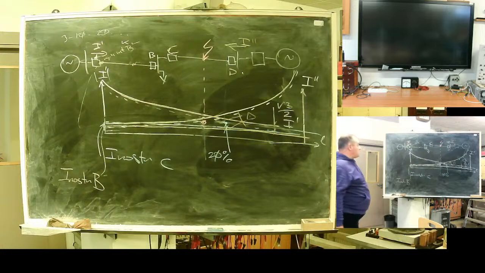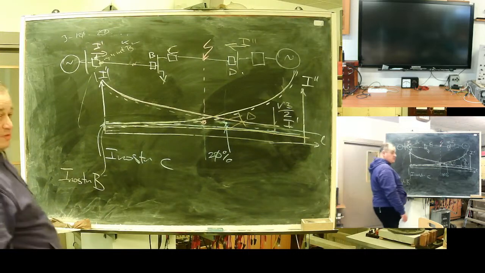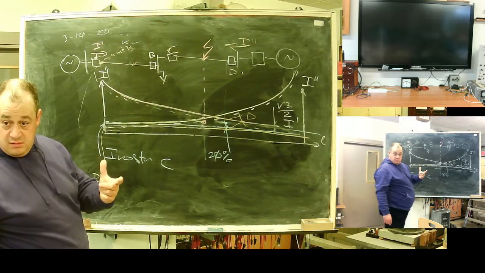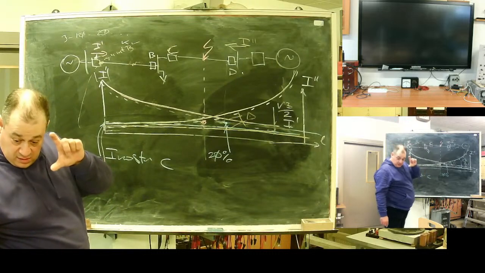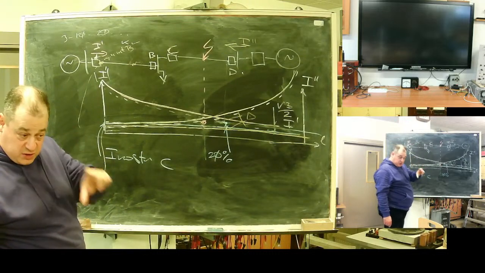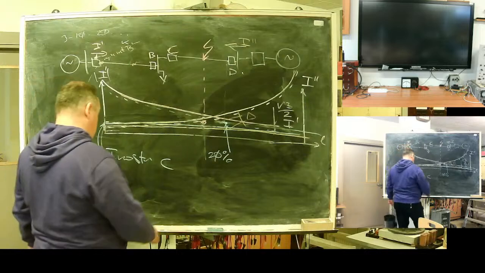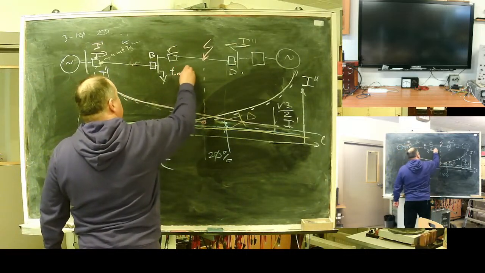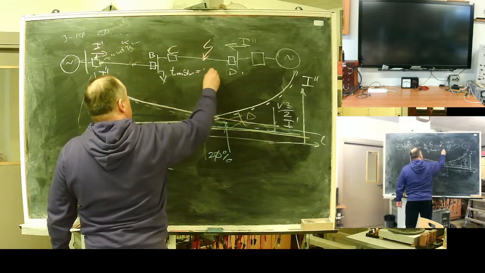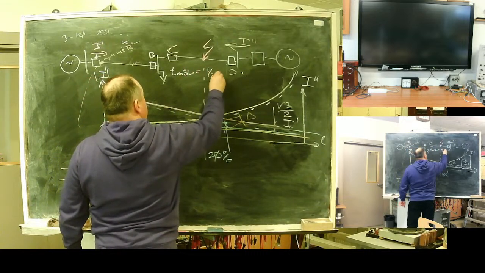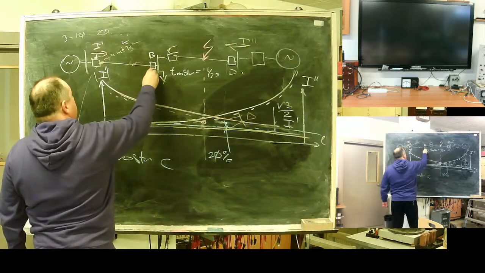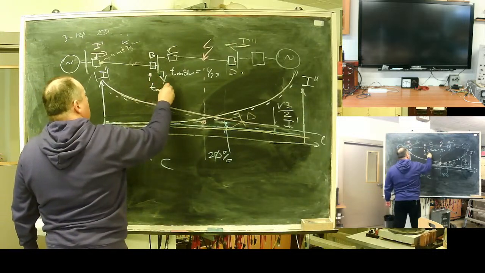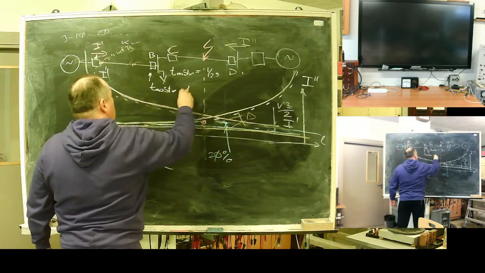What can I do? I can try to set a time. I can create a selective machine with the time. I can set trip time here. Let's say 1/2 of the second, and for B, trip time will be 1 second.